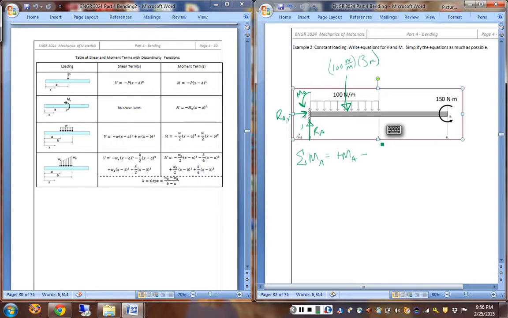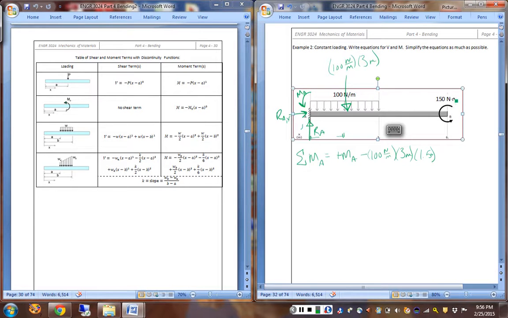We have the equivalent force, which is downward and is 100 newtons per meter times 3 meters is the magnitude of the force, and that acts halfway, which is at a distance of 1.5 meters. And we have our concentrated moment out at 6 meters.